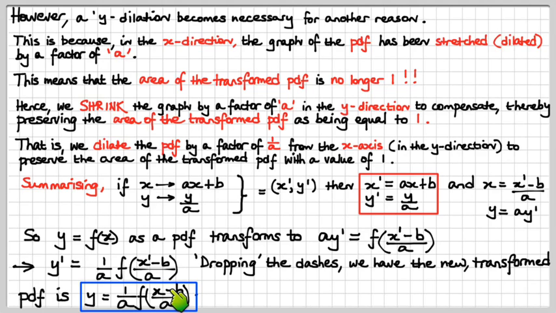That's the D. Then there's no R. Then there's a T here for the x, which is a translation of b units to the right, which tallies with what we said. And thirdly, this is a y dilation of a factor of 1 over a from the x-axis or in the y direction, in other words, a squashing by a factor of a, which is exactly what we've just been saying. So that's our new transformed probability density function when x is changed from x into ax plus b.